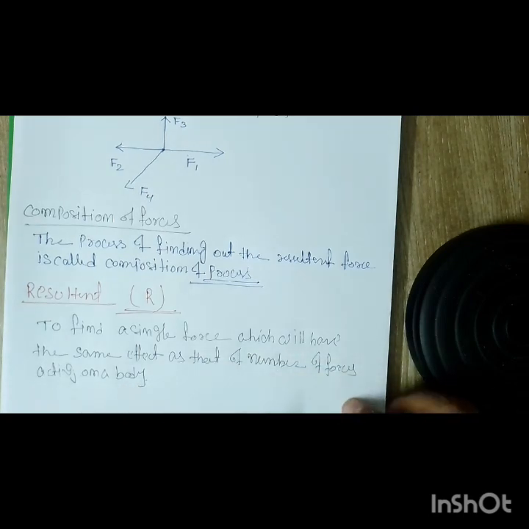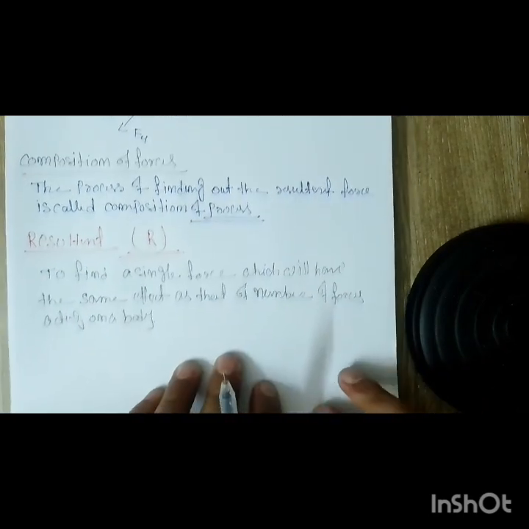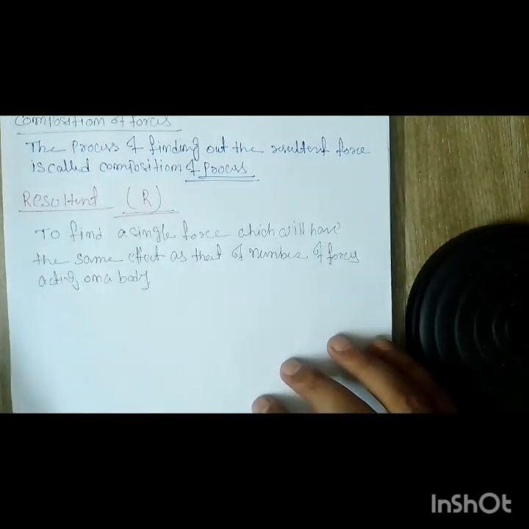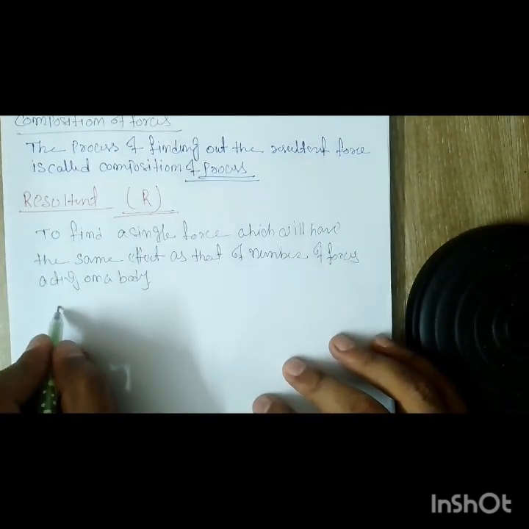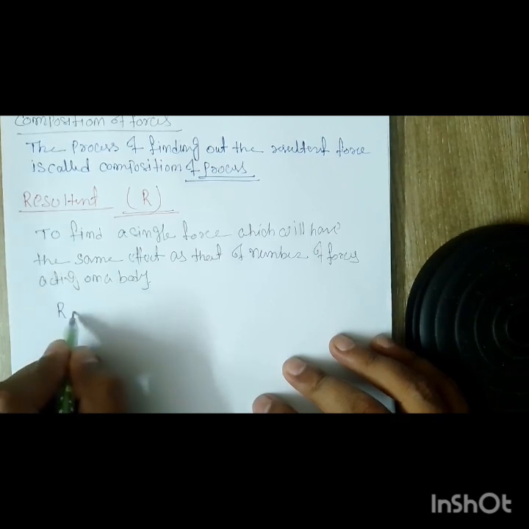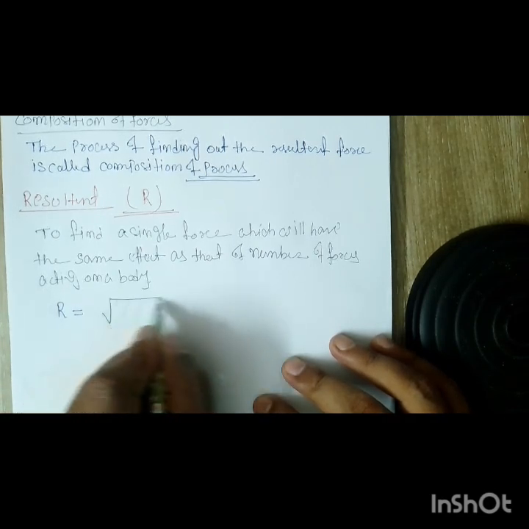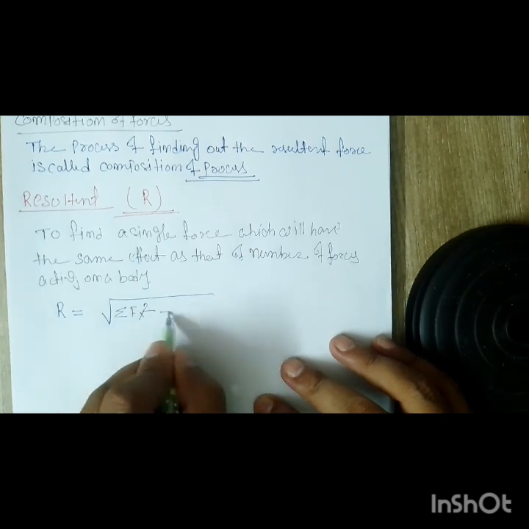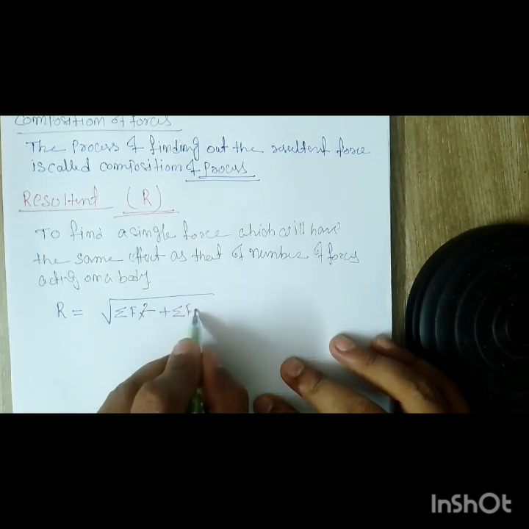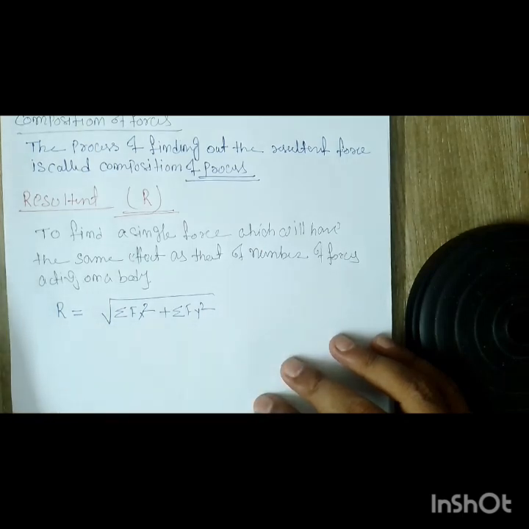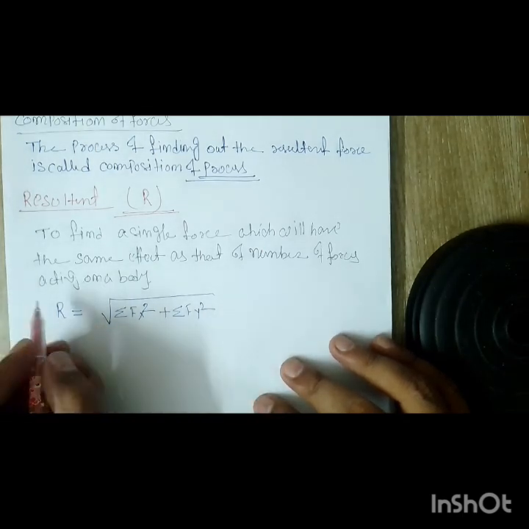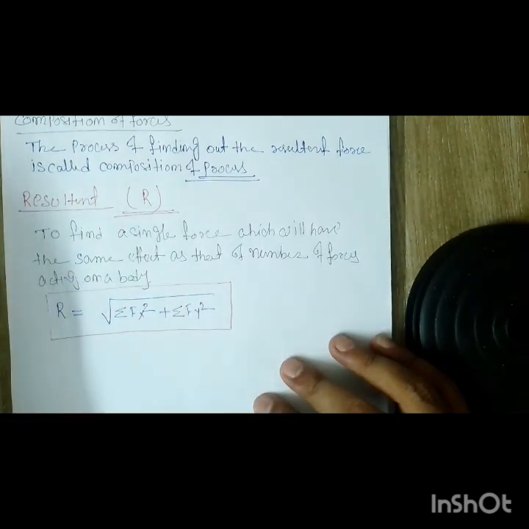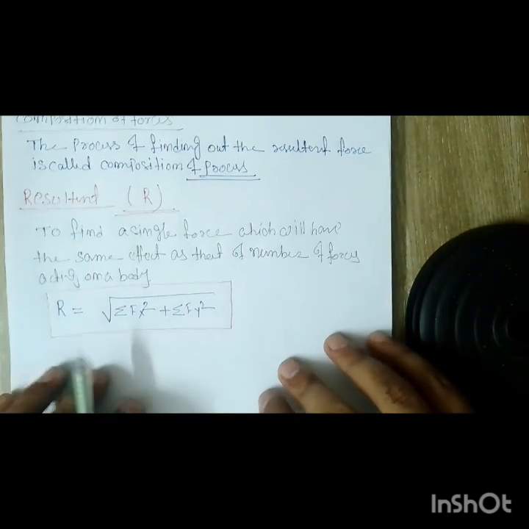This is just a definition, but what is the mathematical expression to find the resultant? For the resultant R, we can find it by the root over of summation of Fx squared plus summation of Fy squared. This is the formula or equation by which you can get the resultant. Now what is summation Fx?